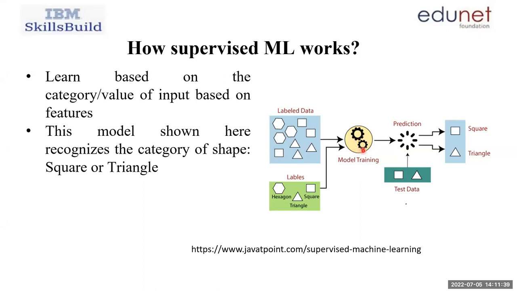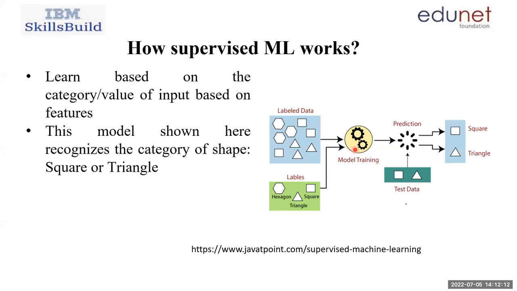There are a number of classification algorithms, for example SVM, random forest, decision tree classifier, logistic regression, naive Bayes classifier, then K nearest neighbor classifier. Using those algorithms, we need to develop a model.